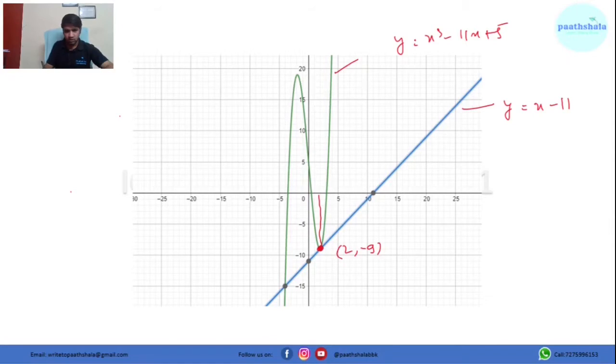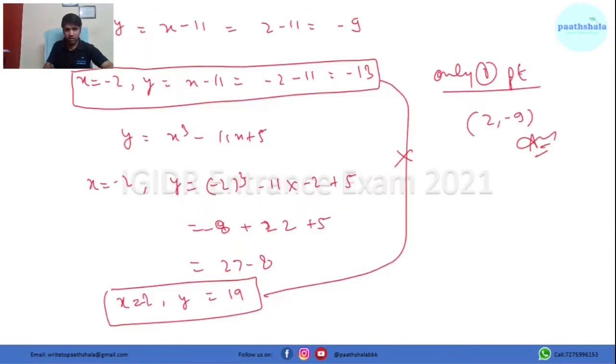And as we move ahead, here we were getting minus 2 and minus 13, which is not possible because it is lying on the line, but it is not lying on the curve. Here this minus 2 comma 19, this point is lying on the curve but not lying on the line, so we have only 1 point here. Okay, now let's move to the next question.